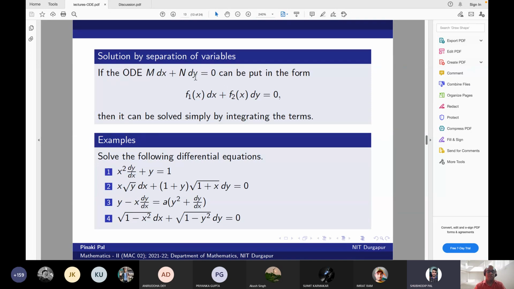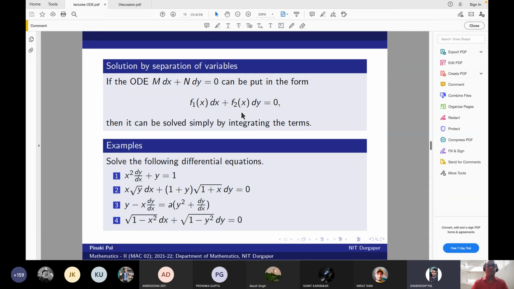Separation of variables. That means the forms of M and N, which are functions of x and y, are such that we can rearrange the equation and write the differential equation in the form f1(x) dx plus f2(x) dy is equal to, sorry, f2(y). It will be f2(y). There is a typo. Please note that.